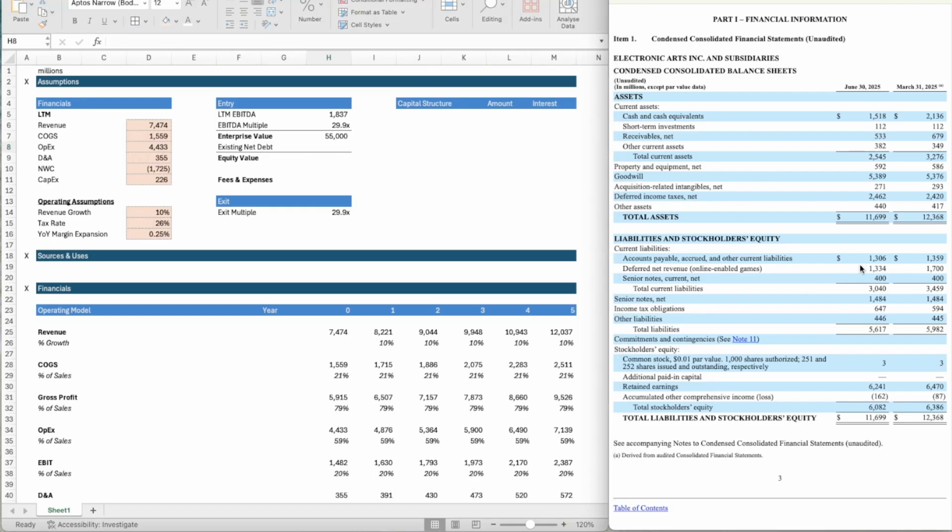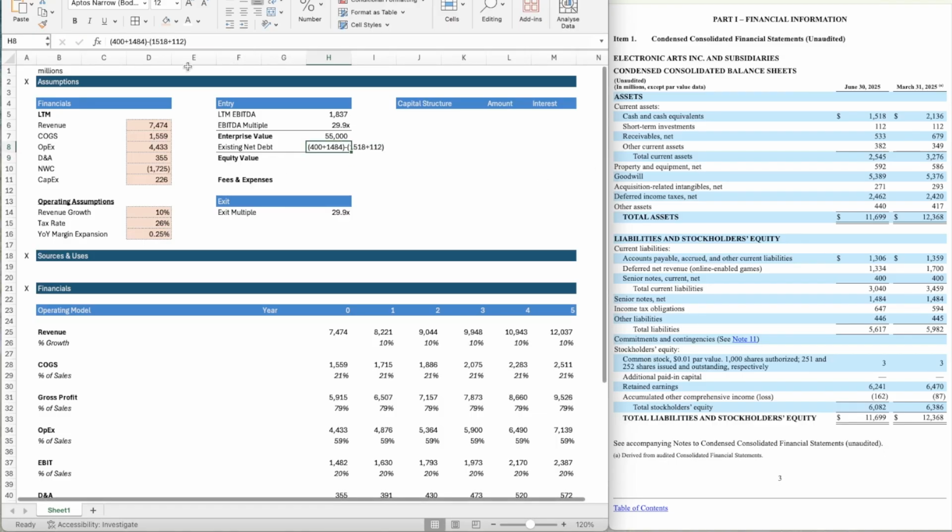And the net debt is, so cash 1518 and 112. The debt is, where is it? 400 and then 1484. So let's do that. Because we're going net debt, it will be 400 plus 1484 minus 1518 plus 112.